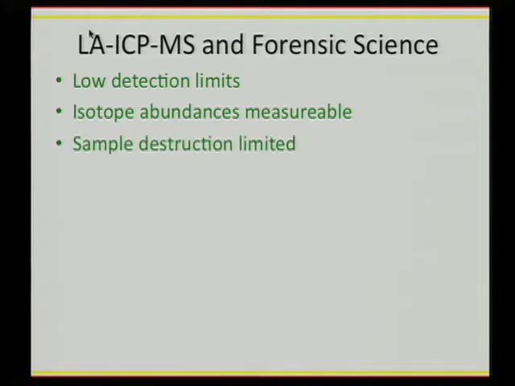The sample destruction is limited. I'm not going to say that we don't destroy the sample at all. We do, but it's very limited. And so this could possibly be the last analysis that you do on a particular piece of evidence.